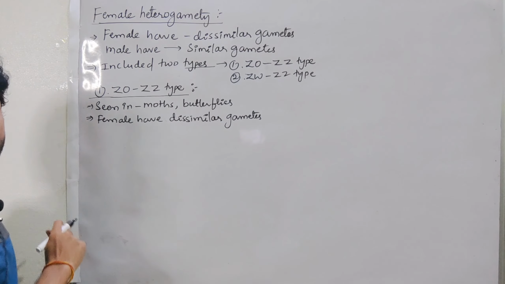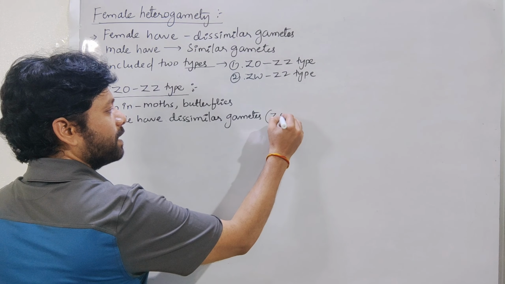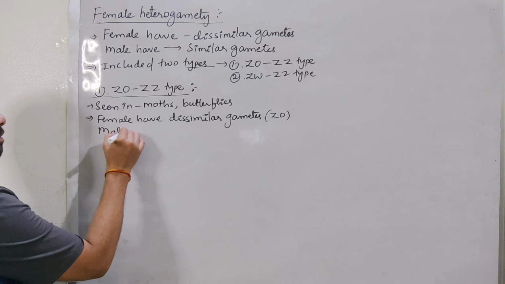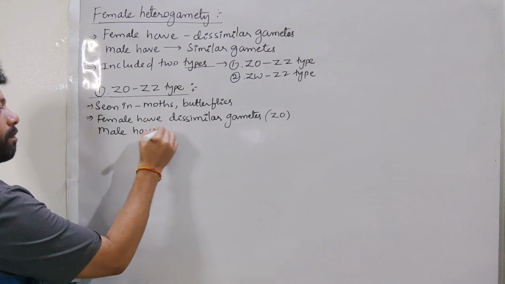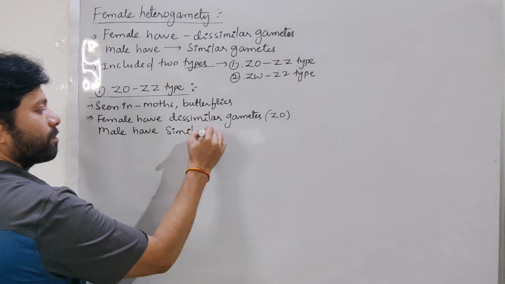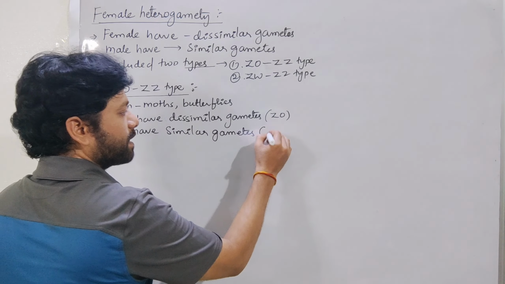It means which one here? ZO. Male have similar gametes. What here? Z.